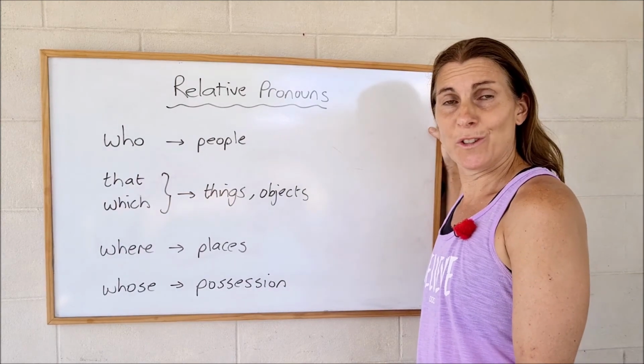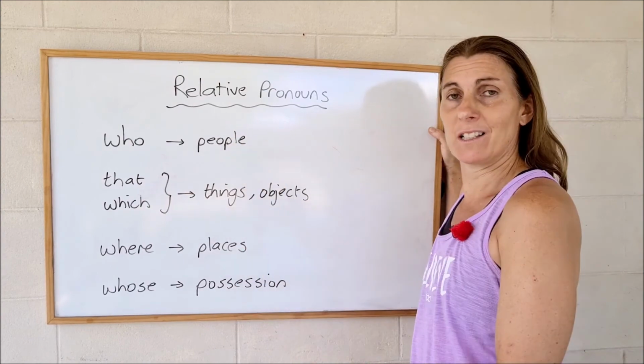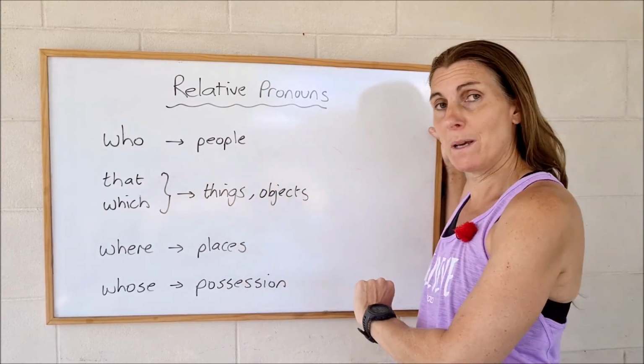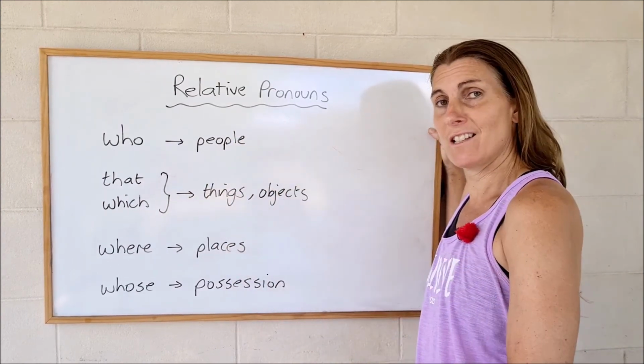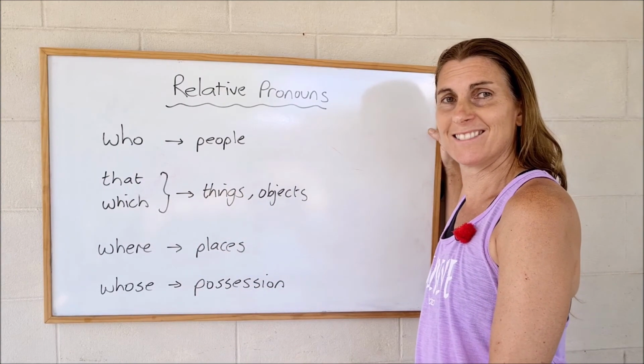Hopefully you got all of those right, and now you have an idea of when to use our relative pronouns. Who for people, that and which for things and objects, where for places, and whose for possessions.